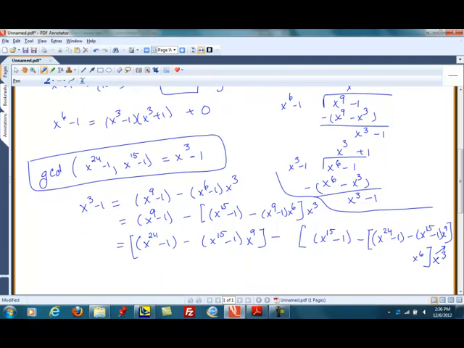So I'm going to move everything over here. Now we're not multiplying these all out. We want to keep our x to the 24 minus 1 and x to the 15 minus 1. So let's look at our x to the 24 minus 1. I don't have that in common to both of them, so I'm just going to write the x to the 24 minus 1 out in front. That's all by itself.